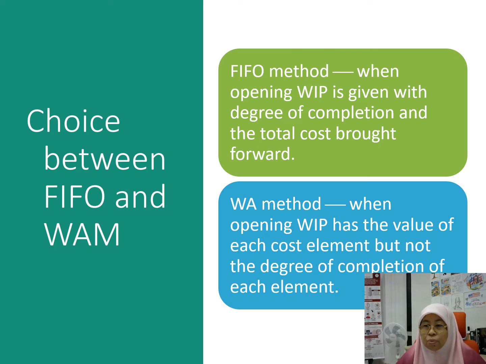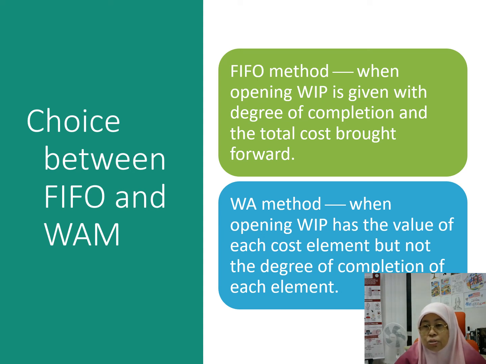When the opening work in progress has the value of each cost element, but there is no degree of completion for each element, meaning the transfer from the previous process cost, conversion cost, or added material, we do not know to what extent the equivalent units are completed in respect of the previous cost, the direct material, and the conversion cost.